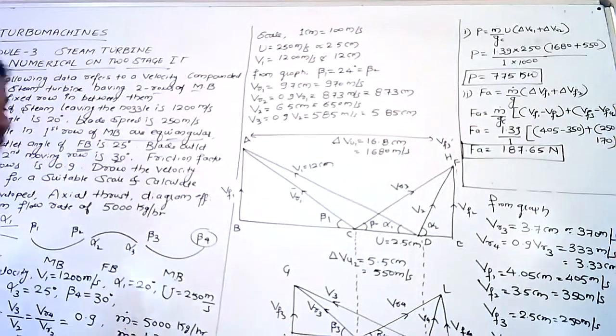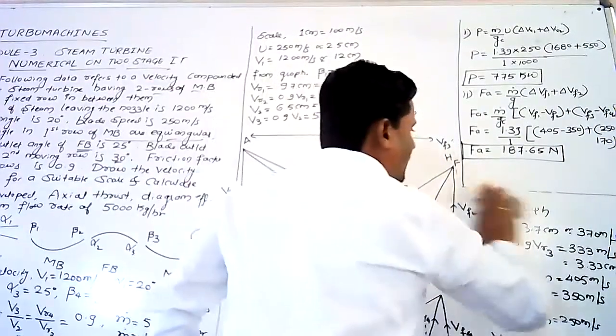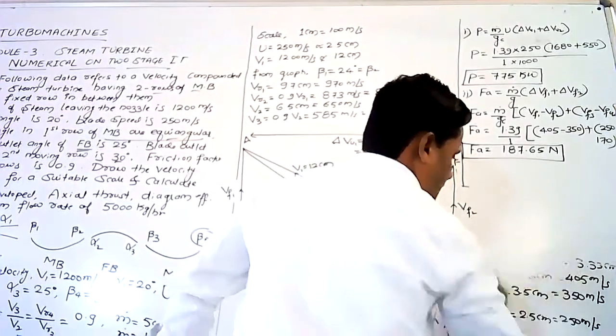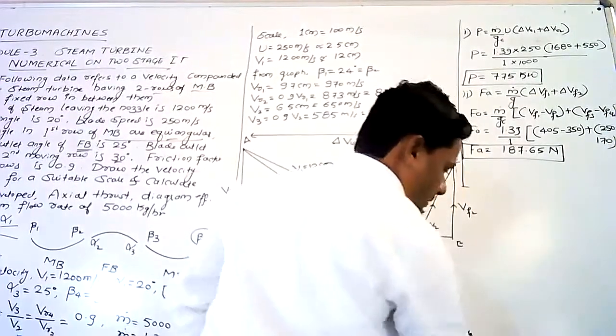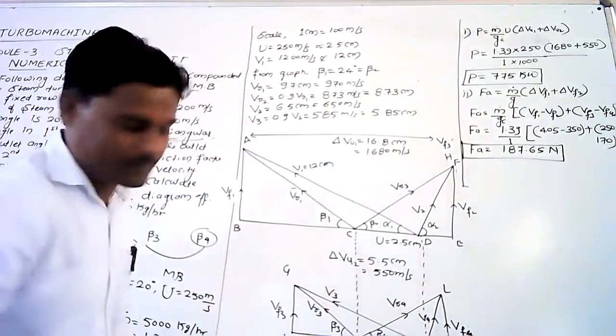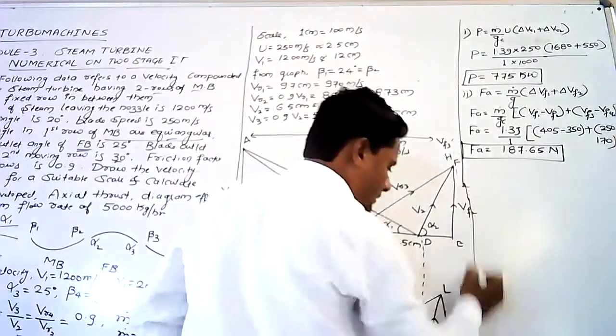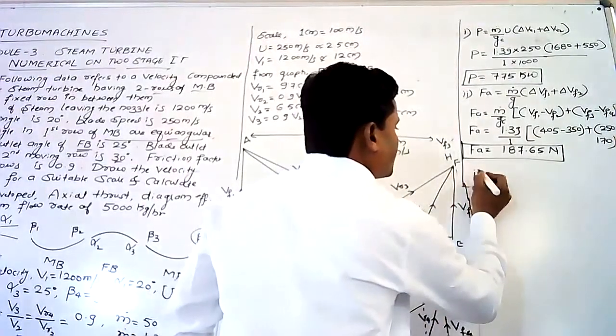The last bit of the problem is to calculate the value of diagram efficiency, that is the third bit.